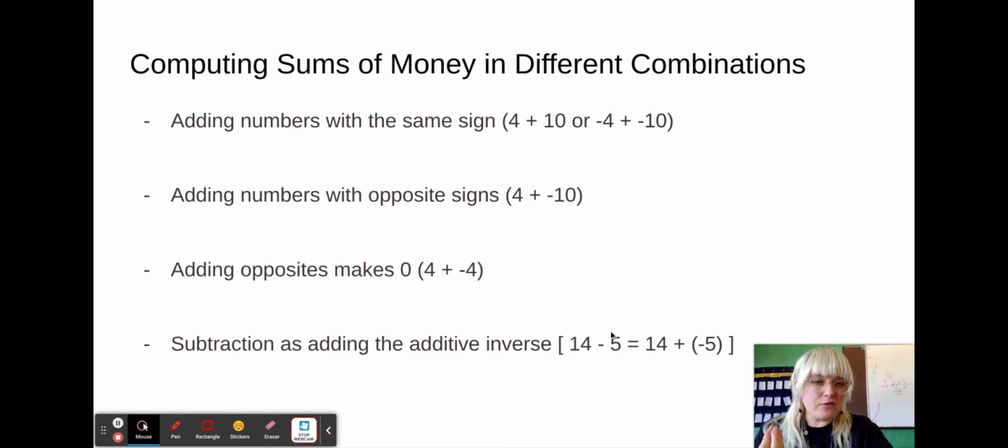So the additive inverse of positive 5 is negative 5. And so 14 minus 5 has the same value as 14 plus negative 5. So it's like I have $14 minus the 5 I owe my friend. I have $9. And this would say I have $14, but then I added a withdrawal of $5. So I still have $9.